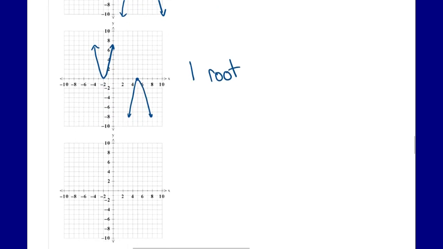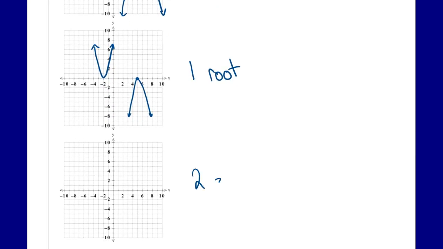And finally, the other scenario where we have 2 zeros, again, zeros, root, x-intercept, all interchangeable. We would have something where maybe the vertex is above our x-axis and it opens down into it. So it crosses twice. And actually, I'll go back and put them in red, our x-intercept. So it crosses twice.